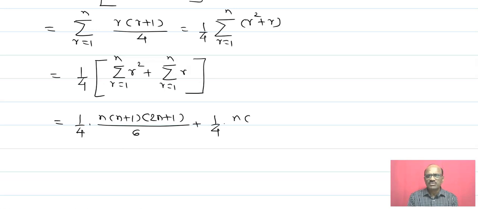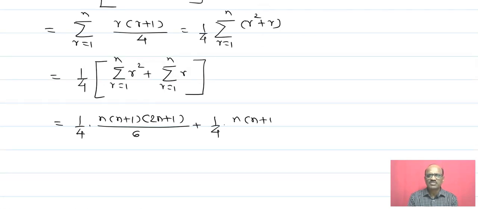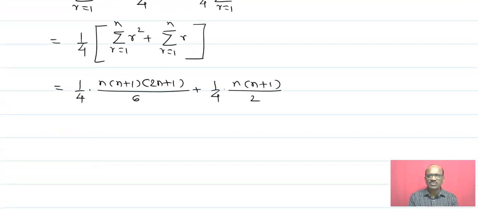That is 1 by 4. 1 by 4 is multiplied with the two terms of the brackets, that is 1 by 4 into n plus 1 upon 2, and after simplification we will get n into n plus 1 into 1 upon 8.